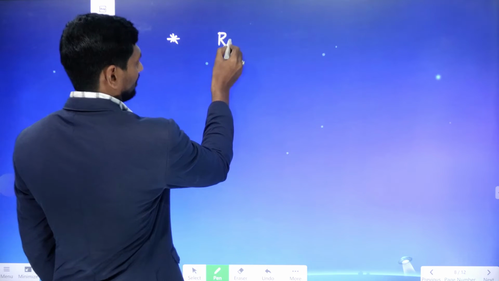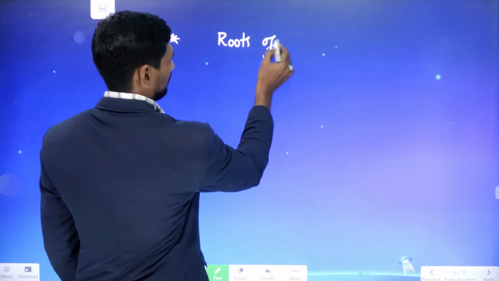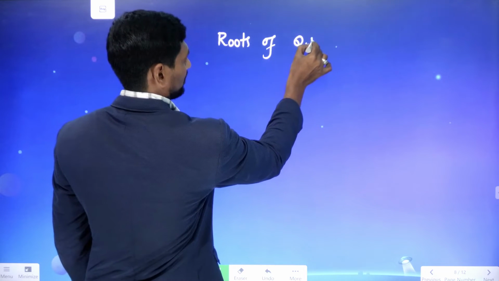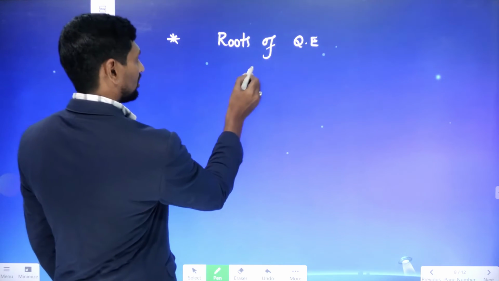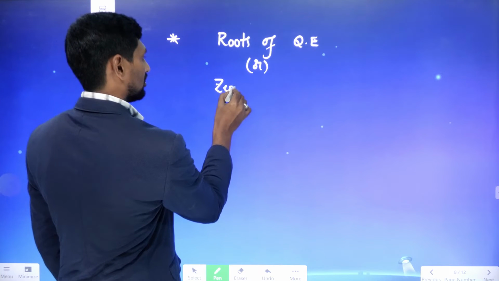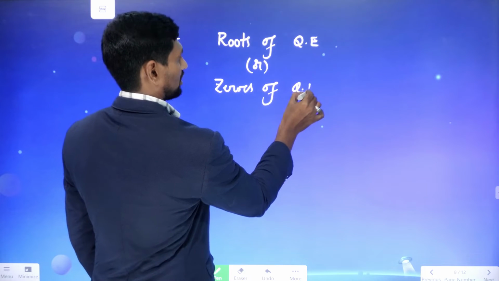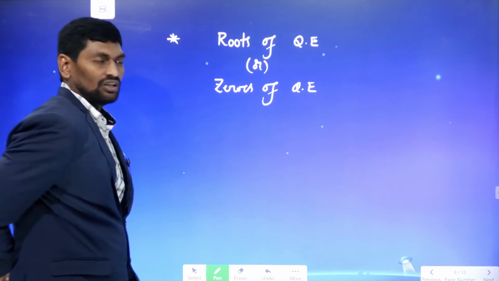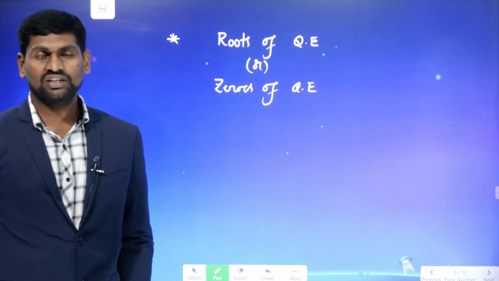They are called roots of the quadratic equation, or we can call roots zeros. Roots of a quadratic equation are zeros of the quadratic equation.